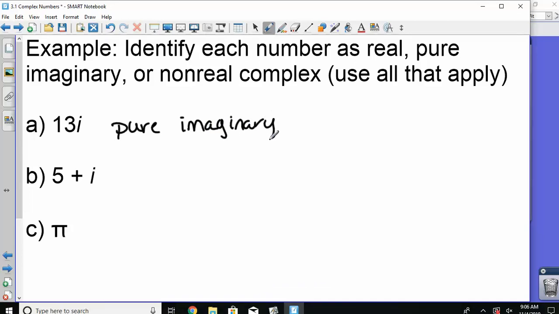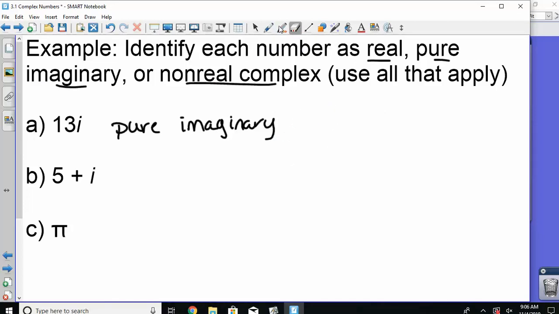There's no real number, so it's pure imaginary. There is a second term that we can put with all of these. Actually, I didn't even ask. We could also call this complex, but I didn't even ask you to do that. I just asked you to do real, pure imaginary, or non-real complex. So you wouldn't have to.